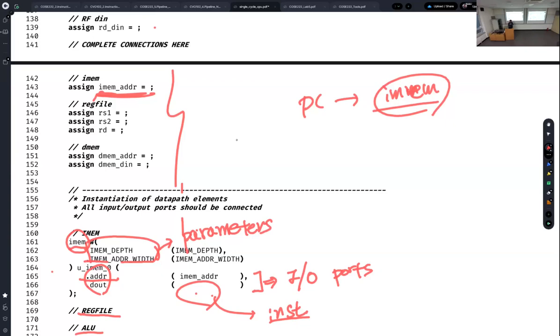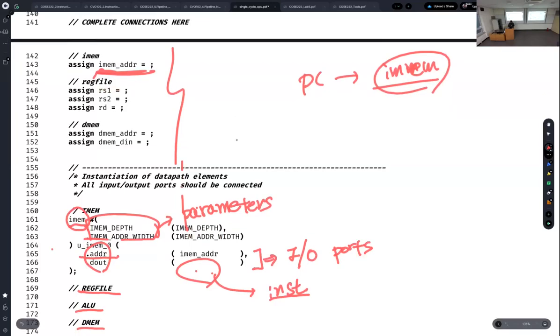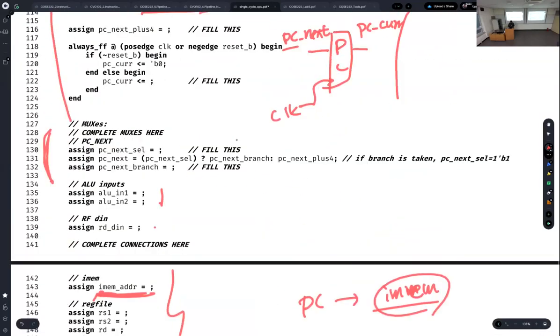So you need to consider this part, because the PC is the real address, the byte address, but in the instruction memory, the address 1 is assigned 4 bytes of data. So you need to consider this. Okay, that's it.